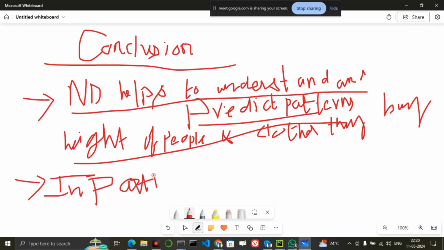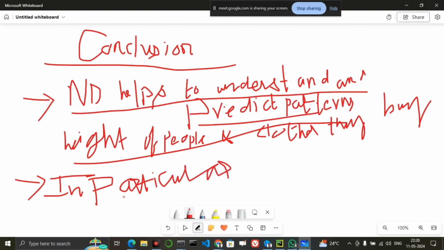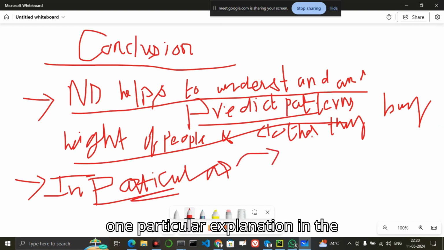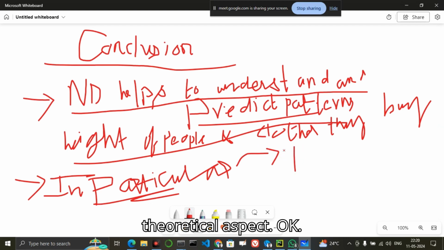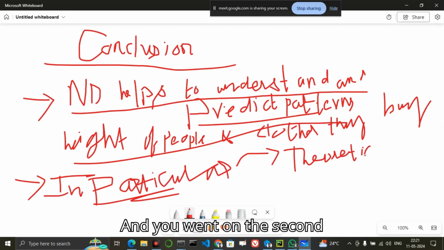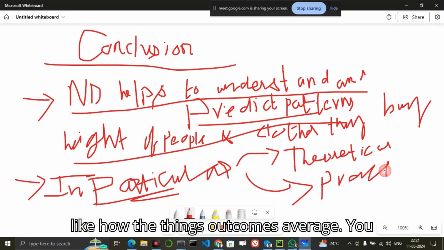Let's say you are a trainer. You try to explain one particular topic in the theoretical aspect, and on the second day you explain it in the practical way, like how the outcomes average.